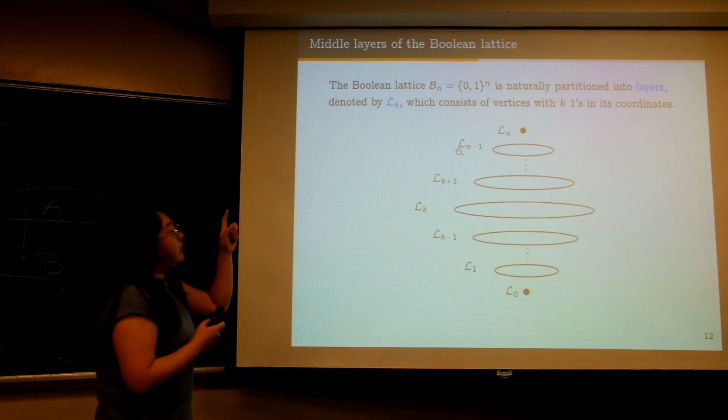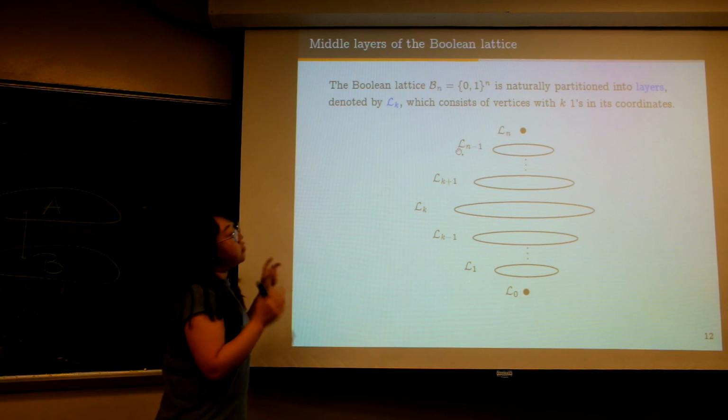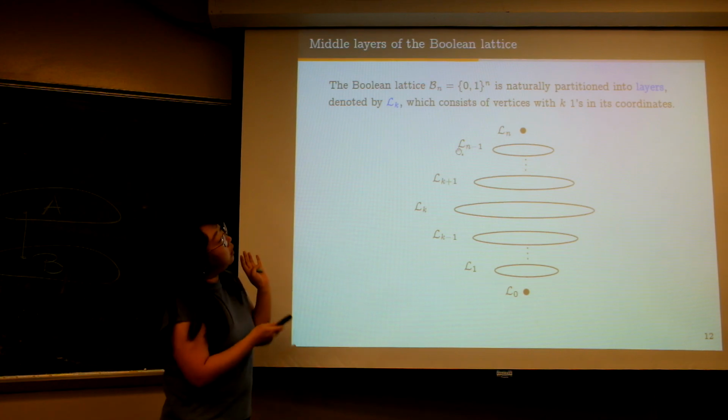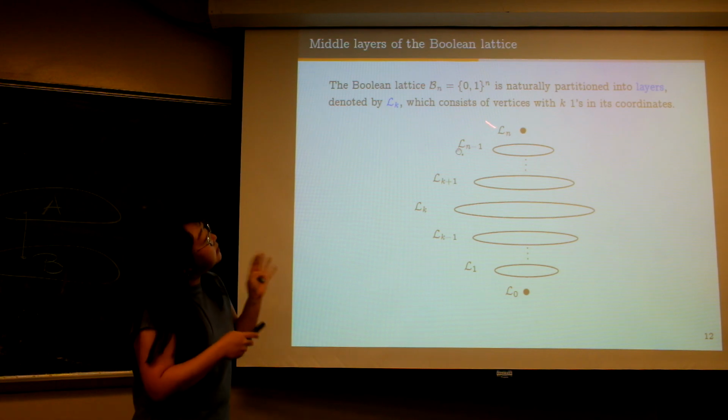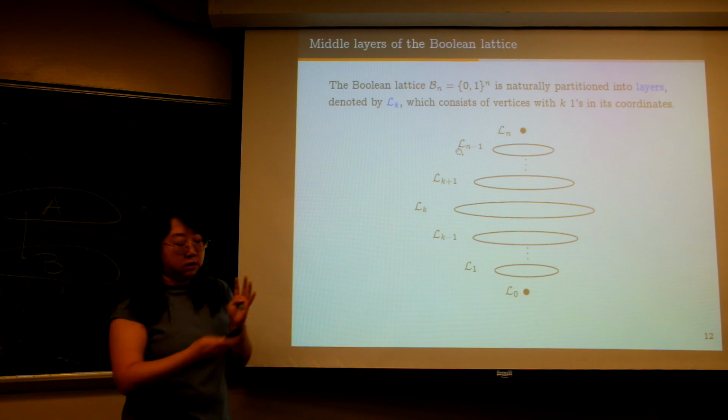So that's the next part, the middle two layers of the Boolean lattice. If you think about the hypercube, the vertices can be naturally partitioned into layers, denoted by L_k, consisting of all the vertices with exactly k ones in their coordinates.